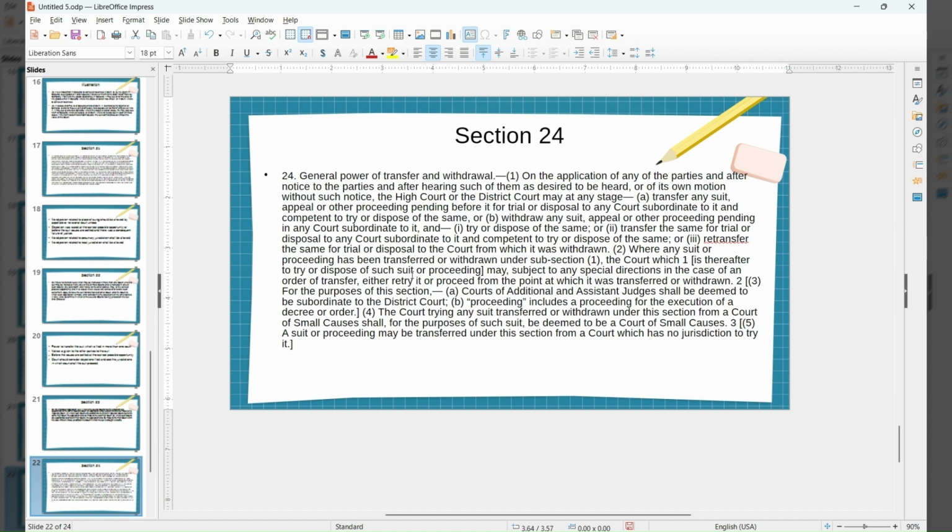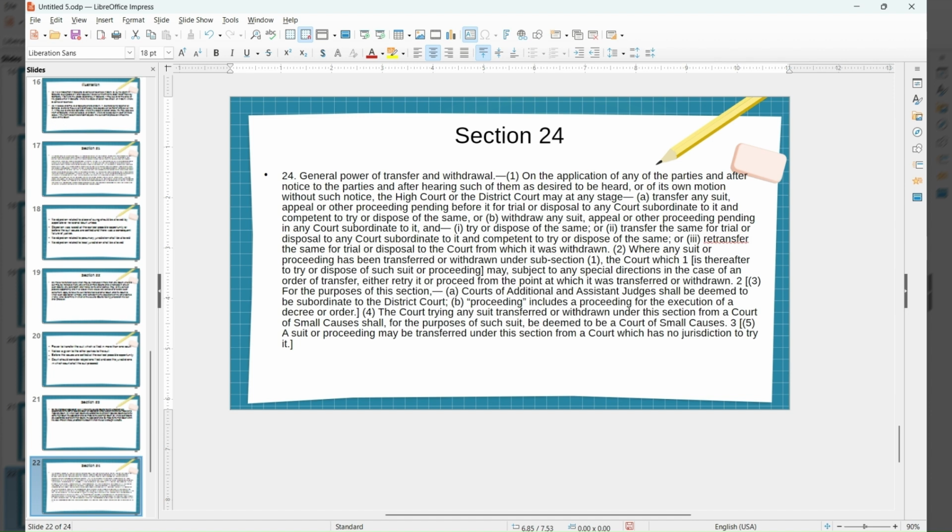Proceeding includes a proceeding for the execution of a decree or order. The court trying any suit transferred or withdrawn under this section from a court of small causes shall, for the purpose of such suit, be deemed to be a court of small causes. A suit or proceeding may be transferred under this section from a court which has no jurisdiction to try it.